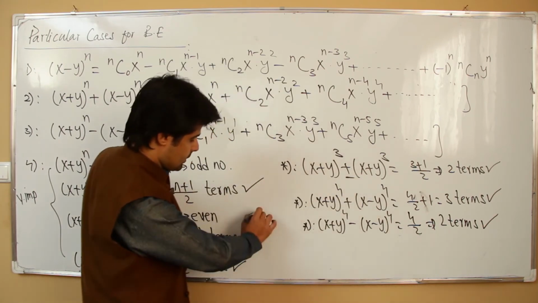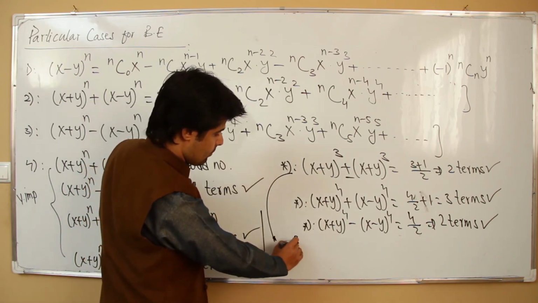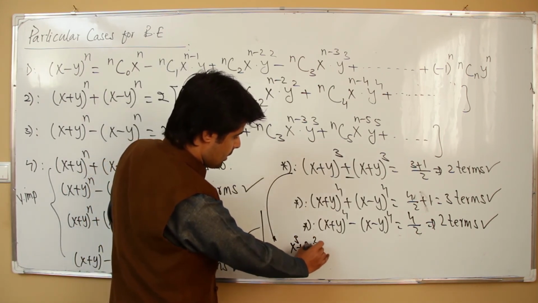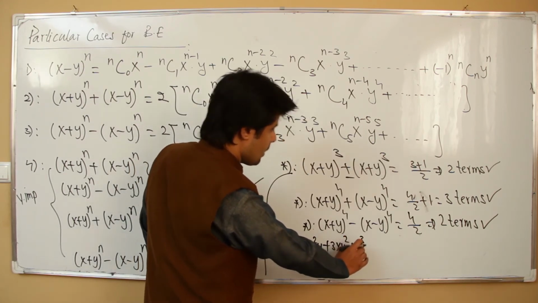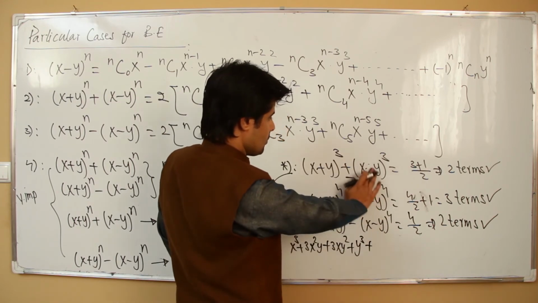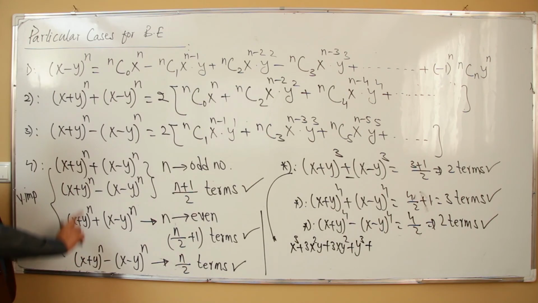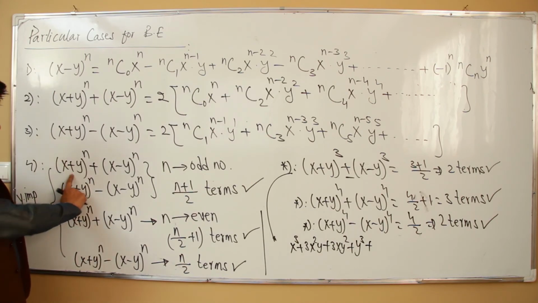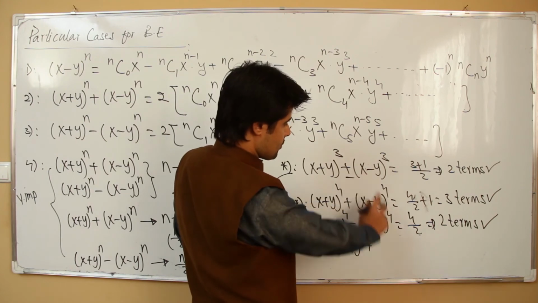Should I do it? Yes, the first one. For example, this is x cubed plus 3x squared y plus 3xy squared plus y cubed, and plus this one, with x minus y. First should be positive, second should be negative. Now, what's the expansion for this one?